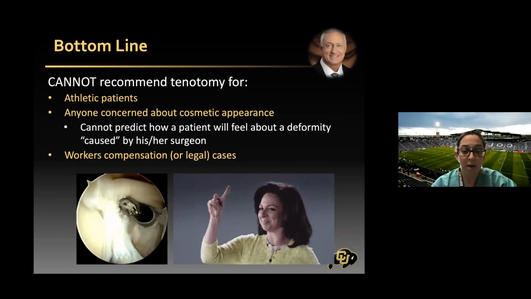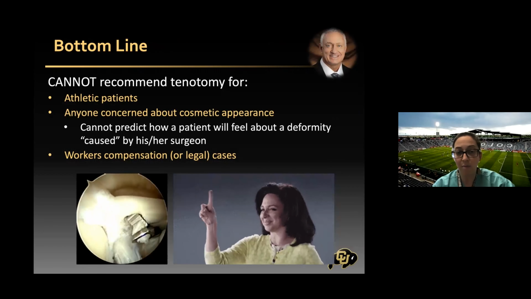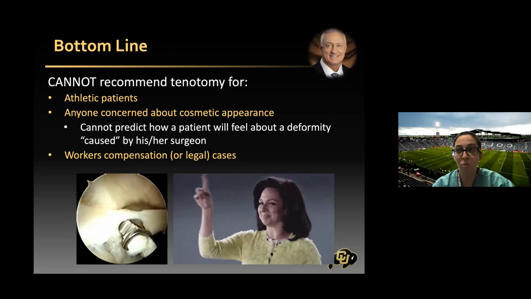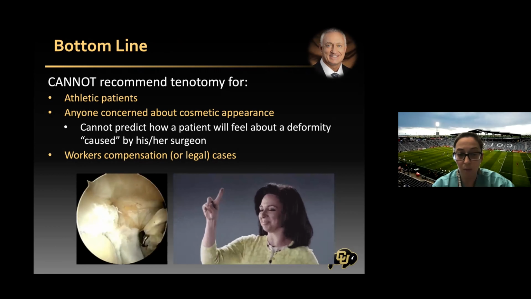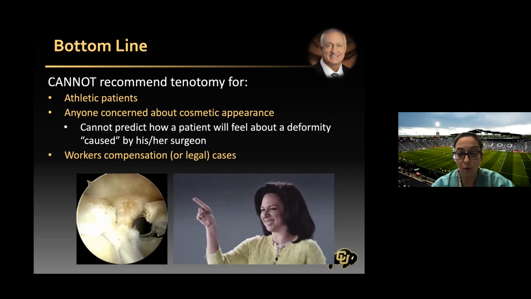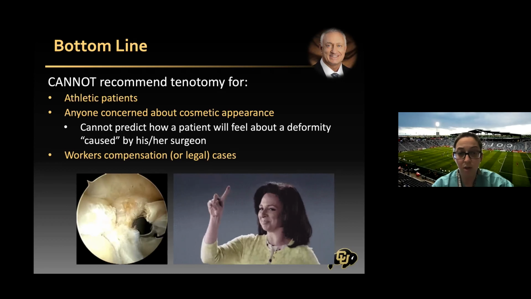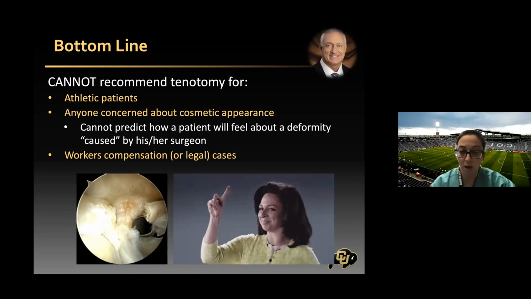The bottom line for me in my practice, and I think for many of us, is that we cannot recommend tenotomy for patients who have good athletic aspirations and pursuits, except in very rare instances. And we've discussed a couple of professional football players, including one who did have a surgical tenotomy. Absolutely anyone who's concerned about cosmetic appearance, we cannot safely predict how a patient's going to feel about a deformity that's, quote unquote, caused by their surgeon.